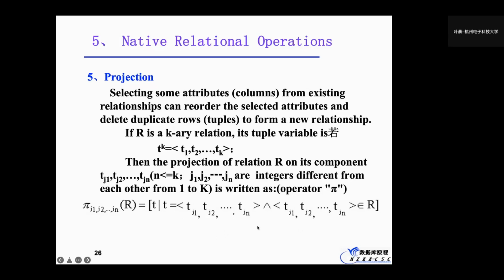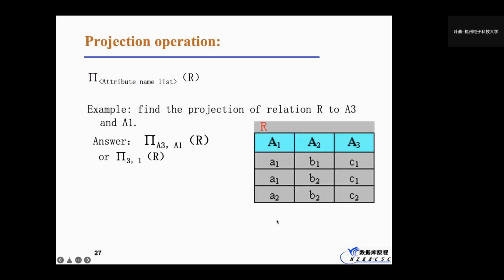So let's also see an example. Here we have this relation we call R. The example is if you want to find the projection of relation R on A3 and A1. So you need to make a projection on these two columns. You need to write this projection A3, A1, and here we need to write the relation R. These two writings are both okay.